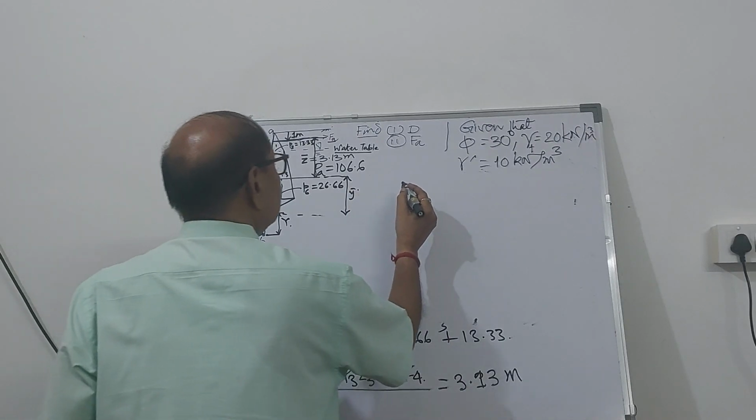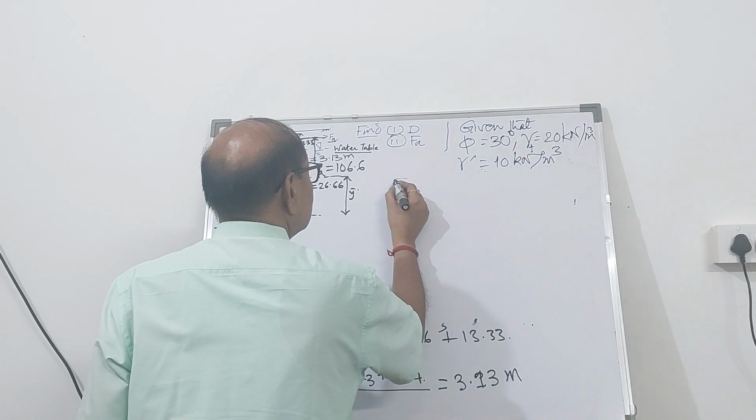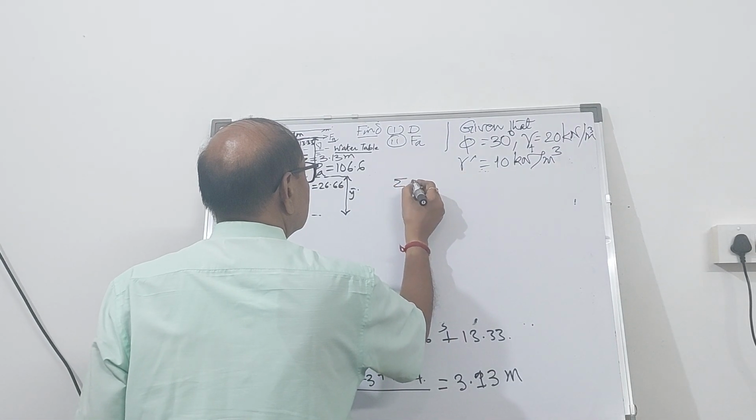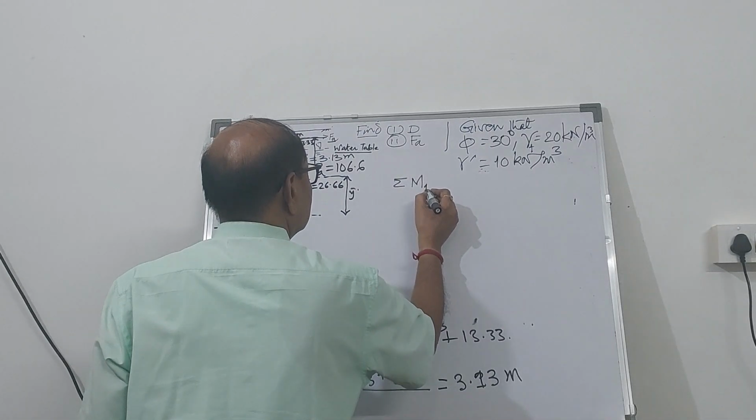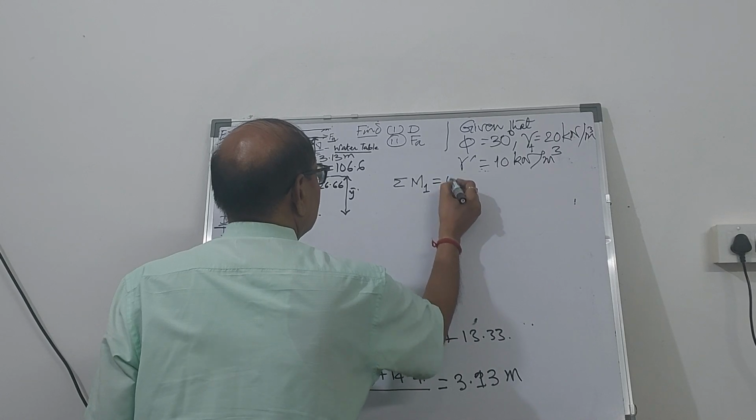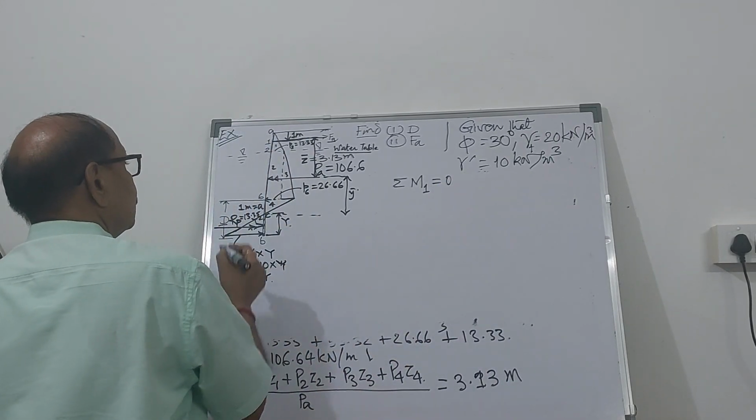For equilibrium condition, sigma M about the anchor rod must be equal to 0.